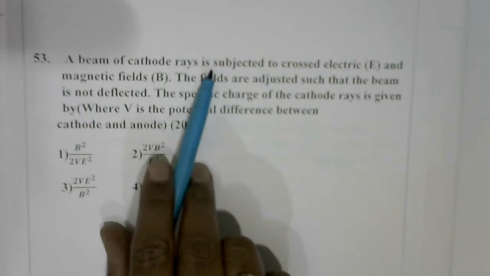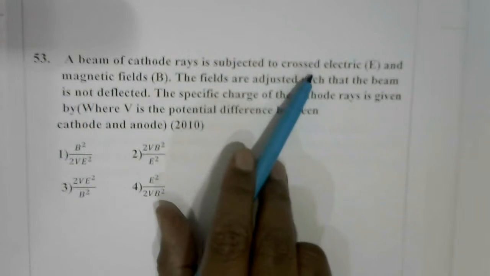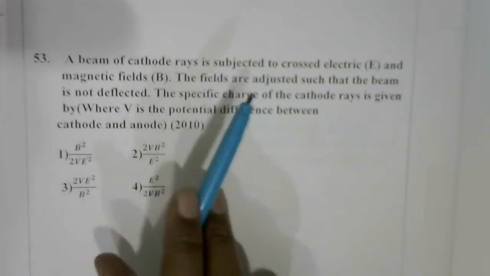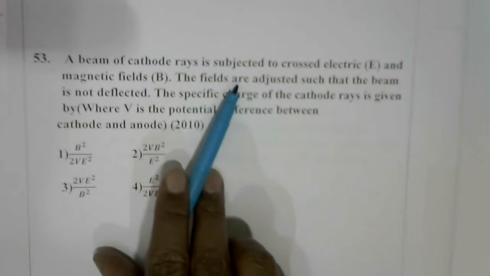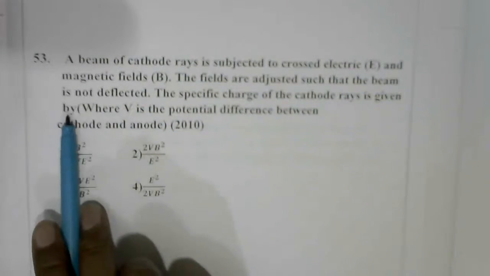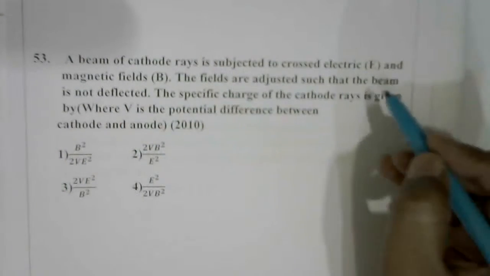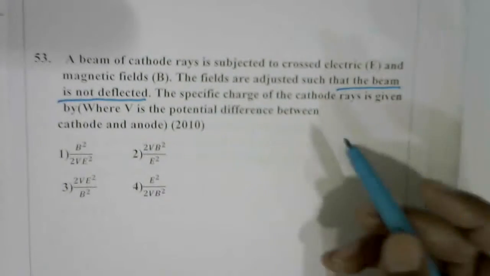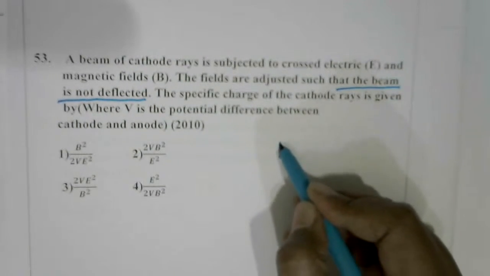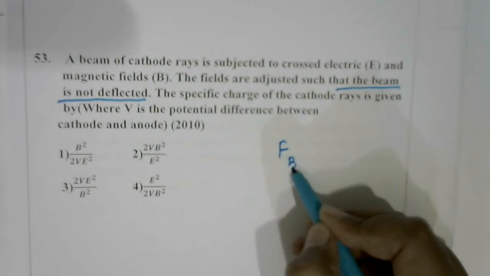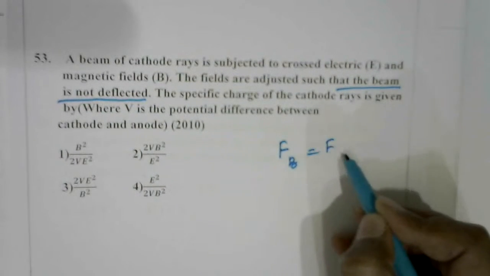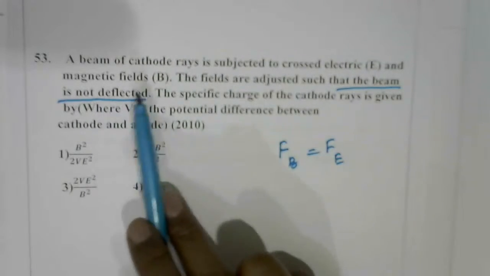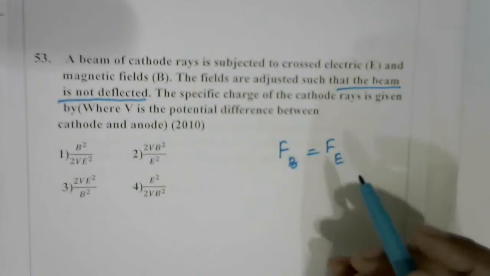A beam of cathode rays is subjected to crossed electric and magnetic fields. The fields are adjusted such that the beam is not deflected. So again we are linking with some other syllabus. Where have you learned this? In the velocity selector in your magnetic effect of electric current, where the force experienced due to the magnetic field was equal to the force experienced due to the electric field, if they are crossed fields adjusted to such values.